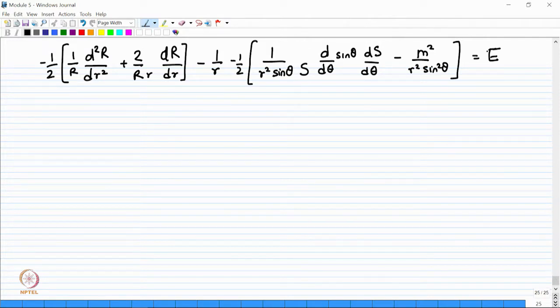Now you can see that the same trick that we had earlier can be used, because this is the only part that depends on theta. These two are the only terms that contain theta, and so whatever theta dependence you have here should actually be a constant. So what we will do is multiply this whole thing by r square.